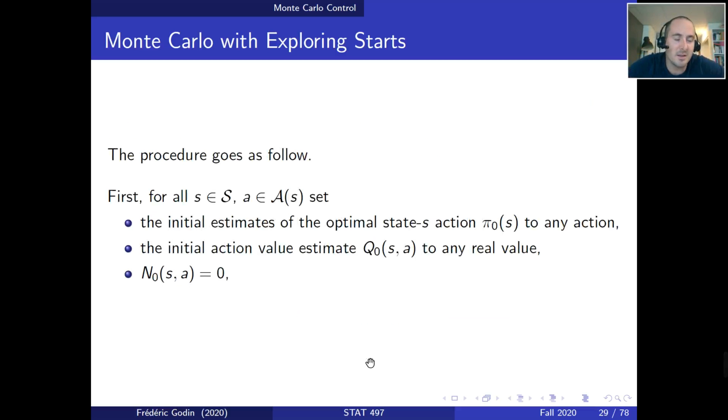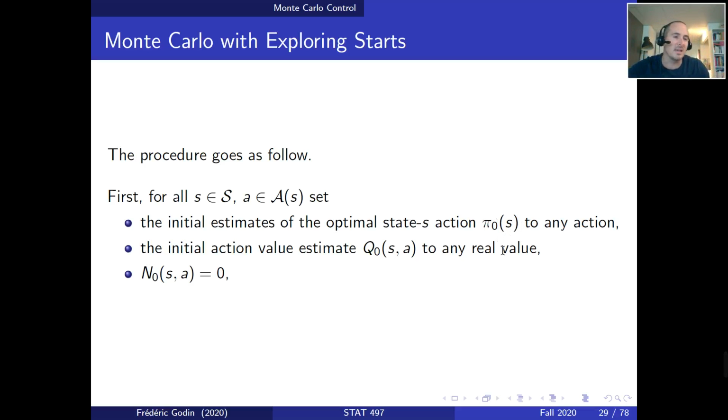The first thing you do to start the algorithm is initialize all your variables. For your initial policy, you can take any policy: for all states S, you assign randomly or in any way an associated action pi_0(S).